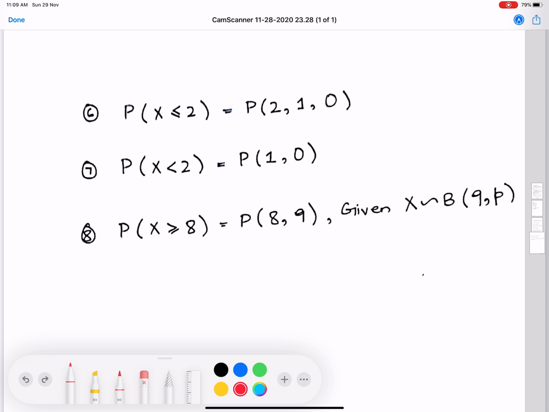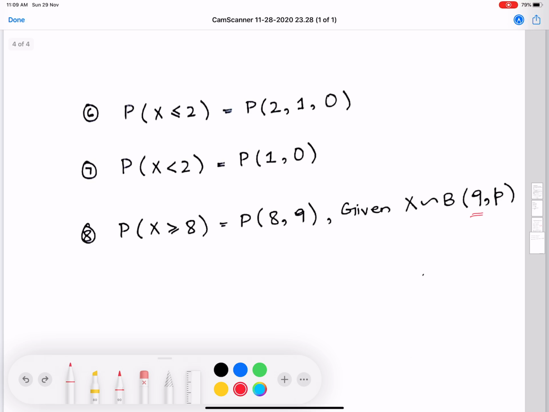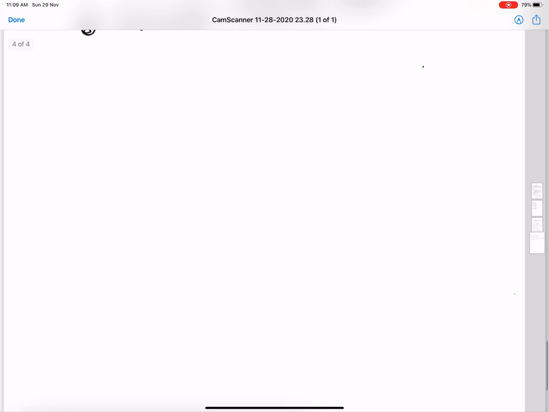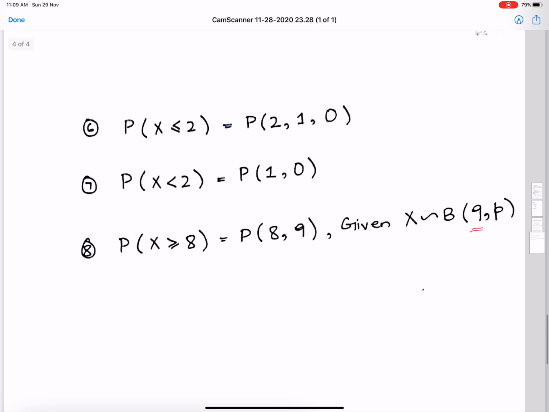For x greater or equal to 8, if n is 9, then use the direct method, 8 or 9. No need to use the indirect method here because this is the shortest way. So these are the rules which will make your calculation very simple. Make sure you understand these rules and you practice them a lot so that you will avoid careless mistakes during your exam and test.